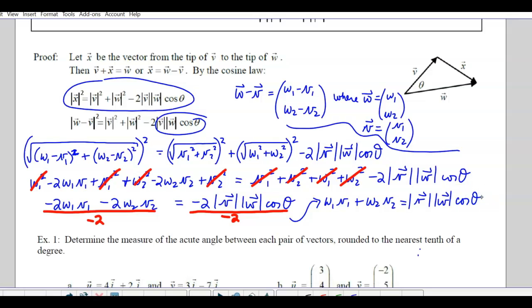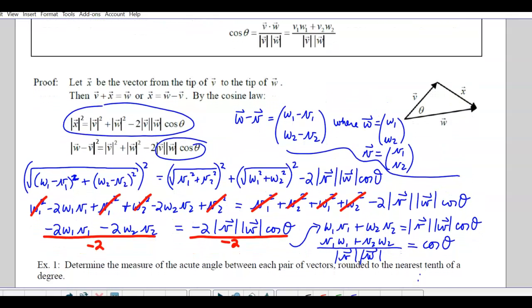Here, the w is first, but w1v1 is the same as v1w1. So oftentimes we show it in the same order. So this is the same as v1w1 plus v2w2. And then we can divide that by magnitude of v, magnitude of w, to give you cosine theta. And that is what the equation was.